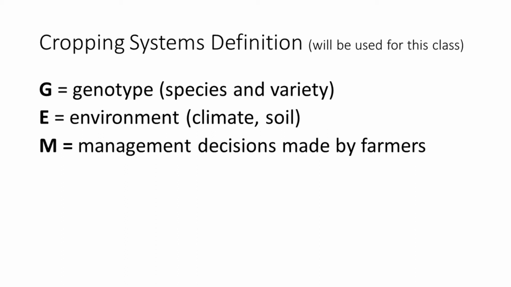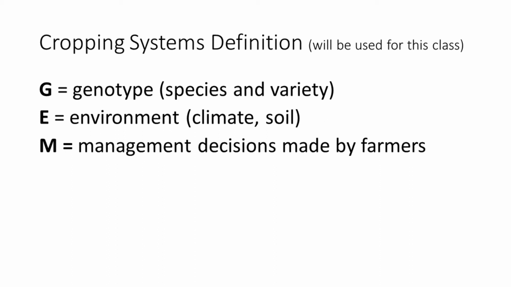So we can think about, how did genotypes improve over the past 100 years? How did the environment improve in the past 100 years? And we can maybe think a little bit about climate change, and we can think a little bit about improvements in soil management. Again, over the long term, some soil attributes can actually change. We'll talk a little bit about that.